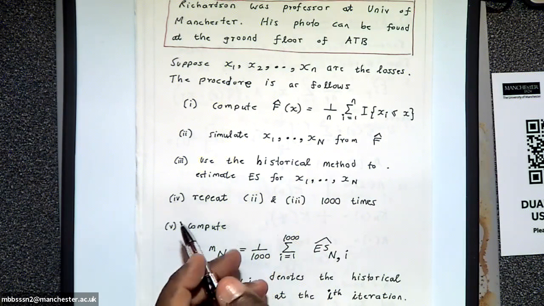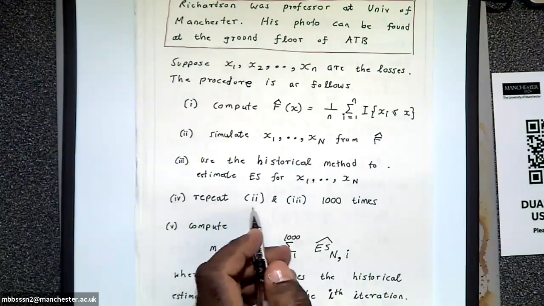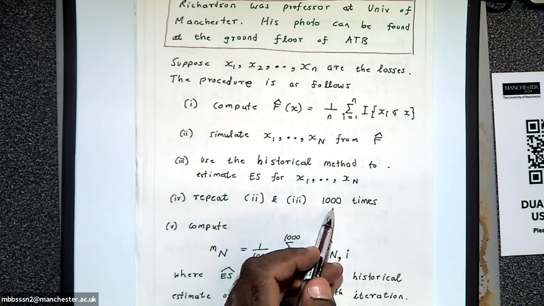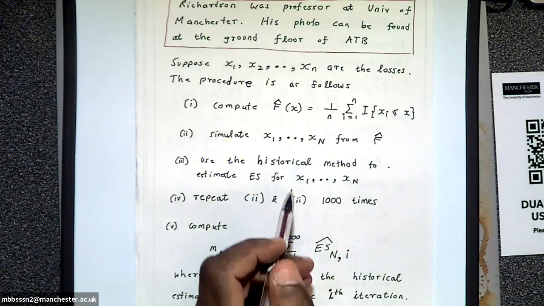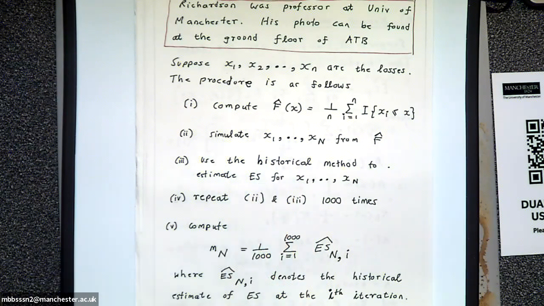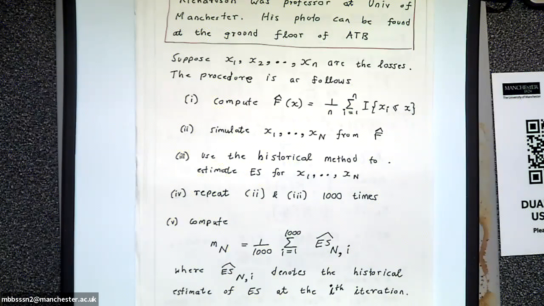That's step number 3. Step number 4 is to repeat steps number 2 and 3, 1,000 times. Each time you repeat, you will get an estimate for ES. So repeating 1,000 times, you get 1,000 different estimates for expected shortfall.